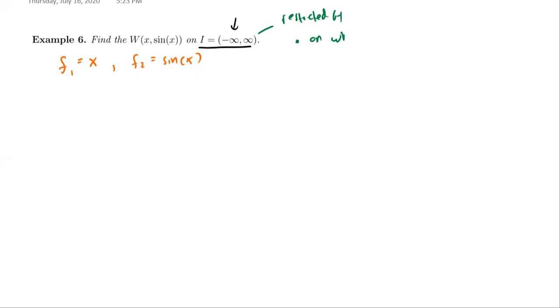So if you have n functions, you need n minus 1 derivatives for each function. So I'm just going to write: are your functions n minus 1 times differentiable? And what is the domain of your functions? If they're not even defined, it doesn't even make sense to work with them.